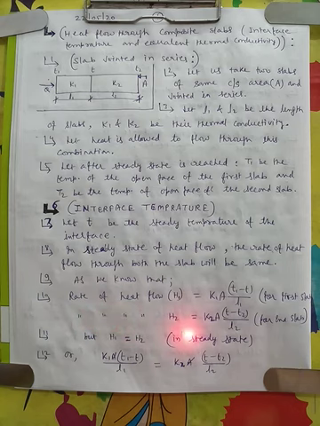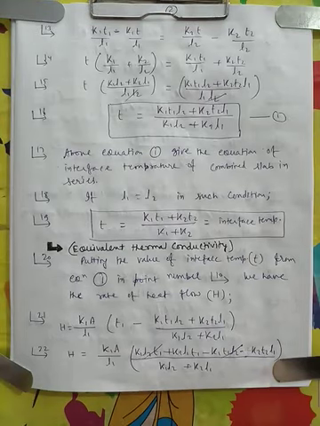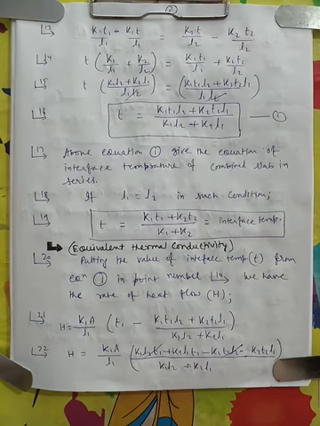So in steady state, the rate of heat flow through the complete slab will be the same. So these two quantities will be equal. By equating both quantities and breaking the fractions, we get K1 T1 by L1 minus K1 T by L1 equals K2 T by L2 minus K2 T2 by L2.